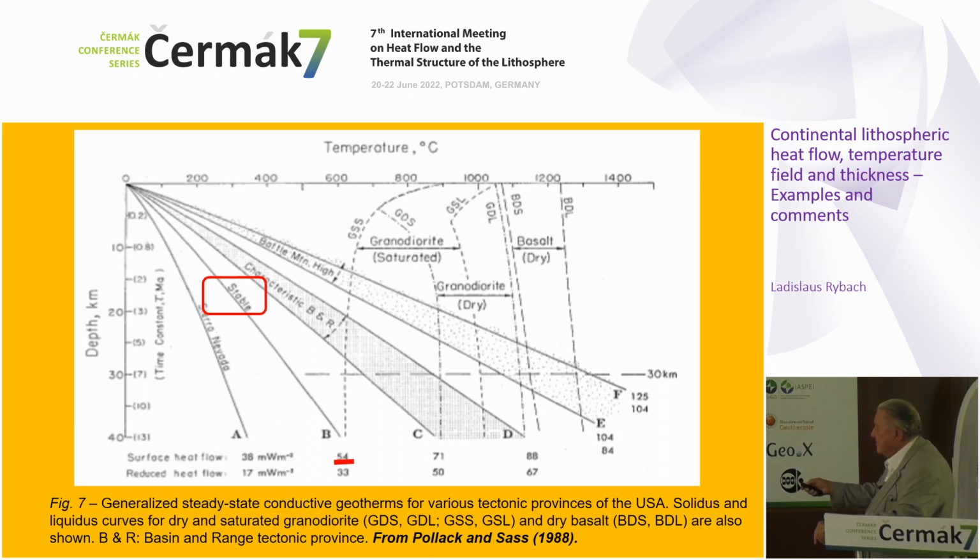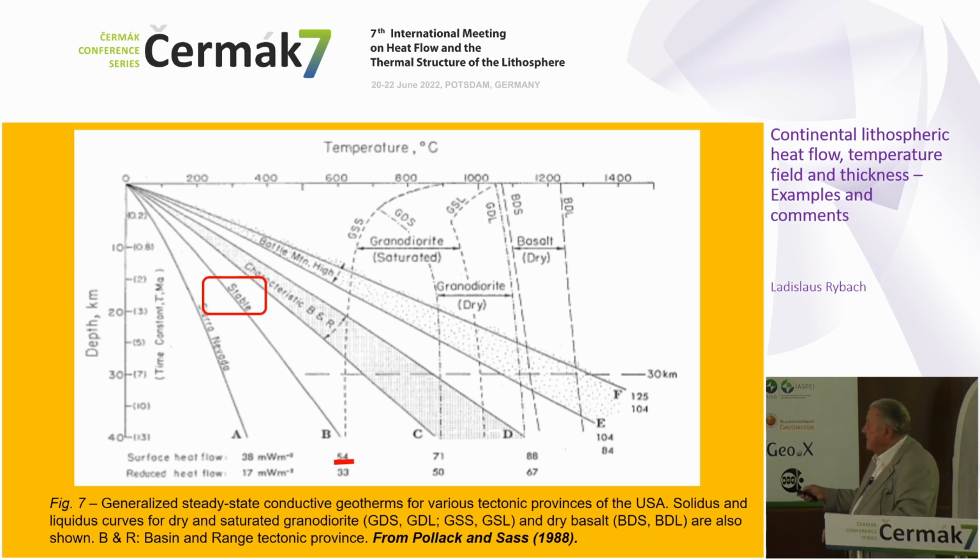You know, even the bottom mountain high is with quite high heat flows. This is the surface heat flow, this is the mantle heat flow, 50 in this case. And these are the solidus and liquidus curves in the view of Pollack and Sass.